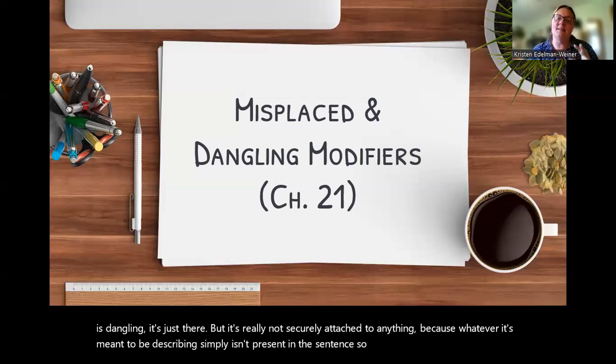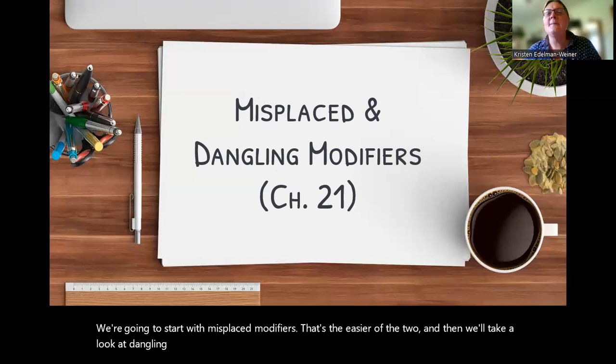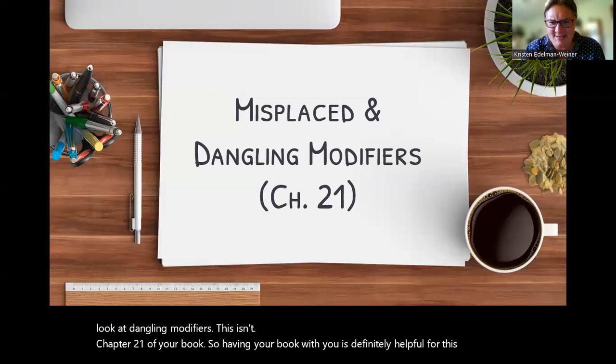So let's take a look at these two. We're going to start with misplaced modifiers. That's the easier of the two. And then we'll take a look at dangling modifiers. This is in chapter 21 of your book. So having your book with you is definitely helpful for this chapter. Let's take a look.